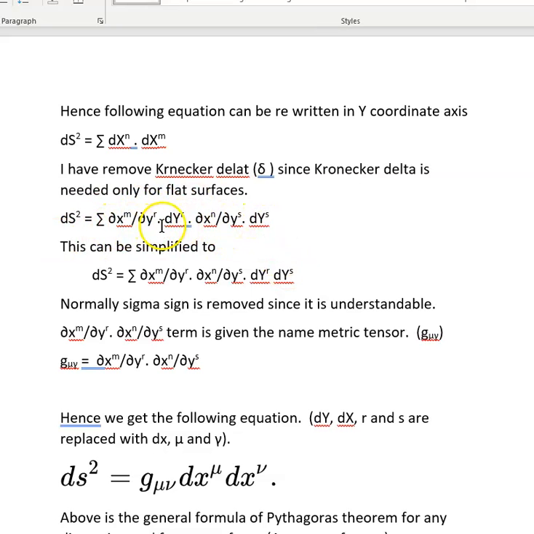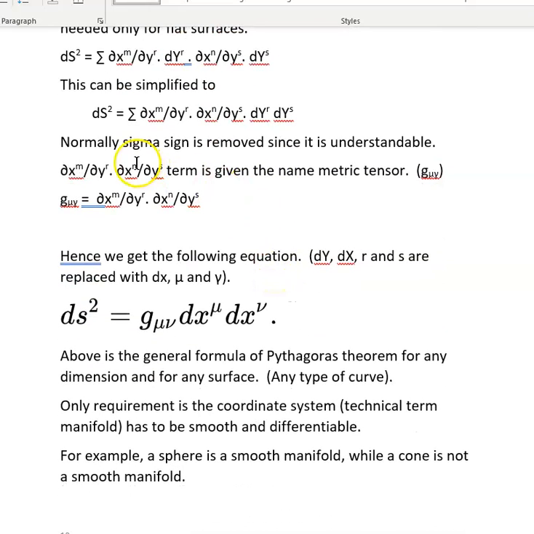This is a partial, and this is the vector, and this is the other vector. So these two vectors can be taken out, and normally the sigma sign is removed since it is pretty obvious. This term is given the name the metric tensor, g_mu nu.